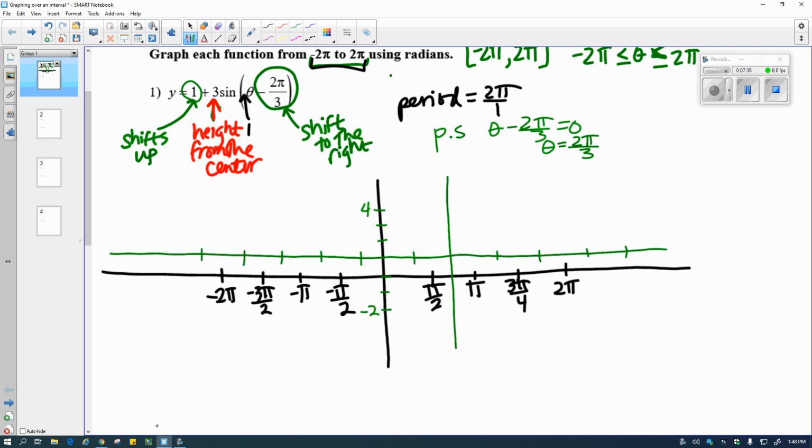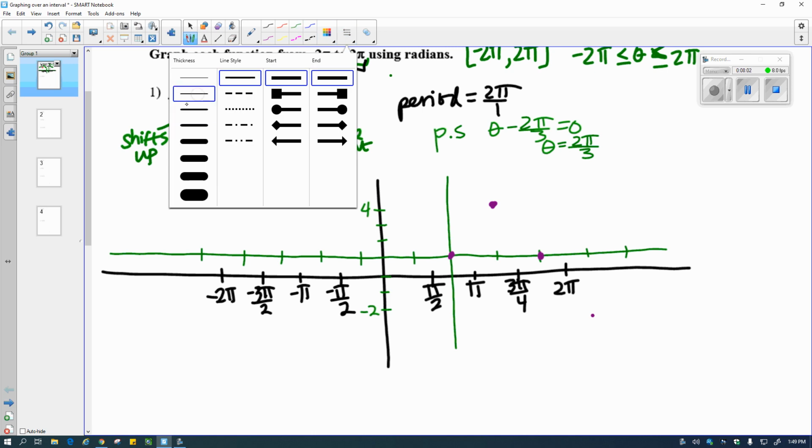And so now when I graph, I'm not going to stop at the 5 points. I'm going to start at my center. Sine starts at 0, goes up to the max, back down to 0, and then I'm not even going to get to there because I'm blocking myself in. I'm going to go back to that green color.